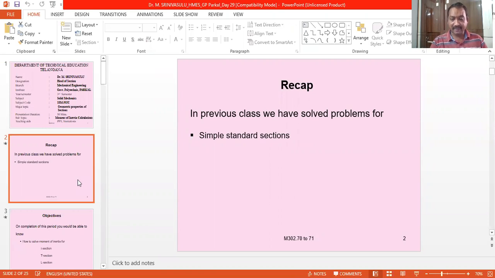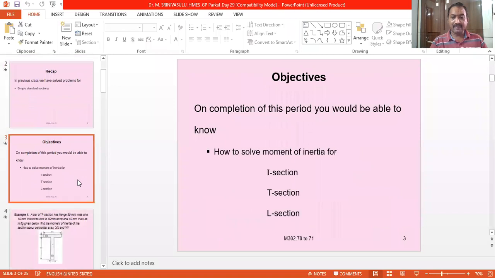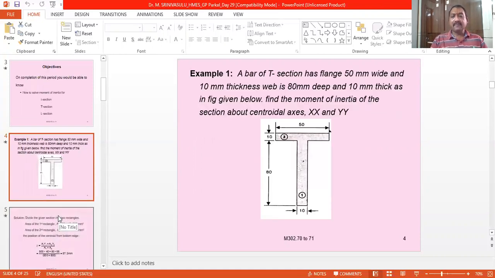Then with the knowledge of the above, we'll move to finding out the moment of inertia for the I section, T, C, and L section and so on. Depending on the time availability of today's class, we will see to the maximum possible extent. So this is the first problem.